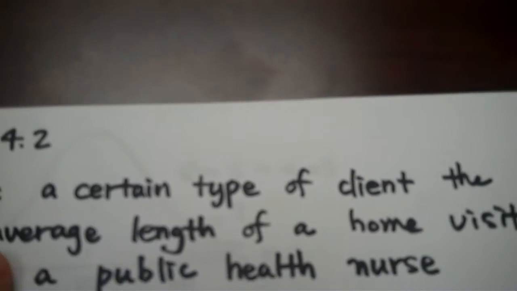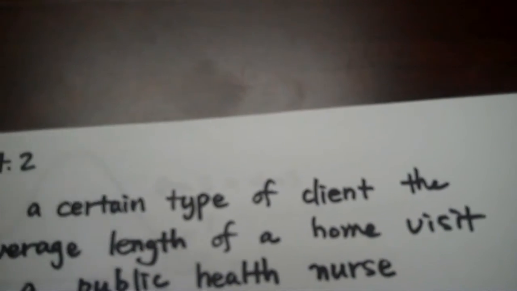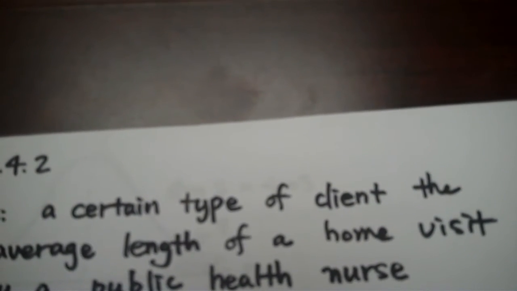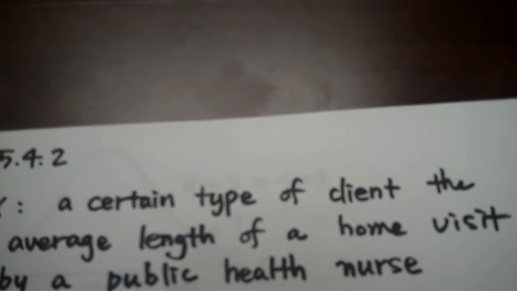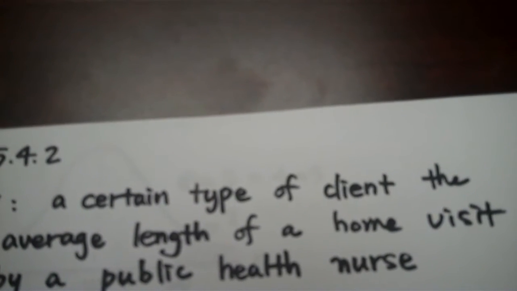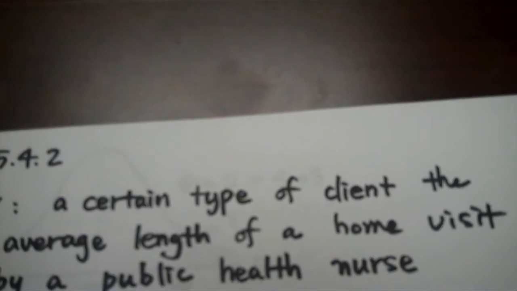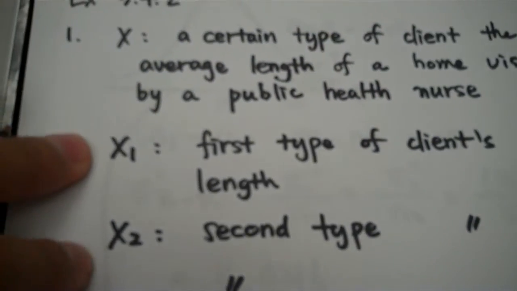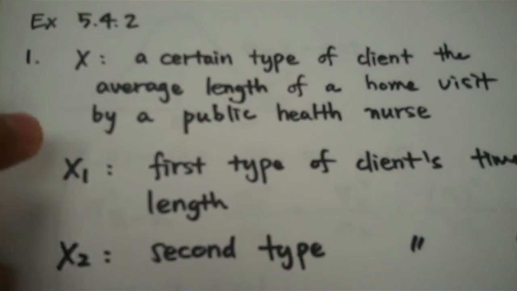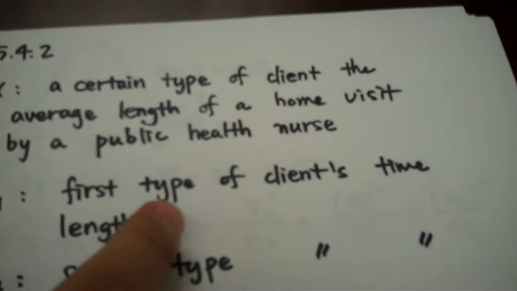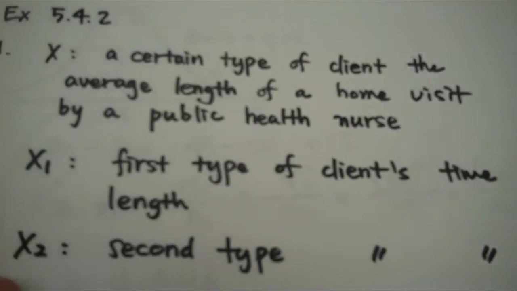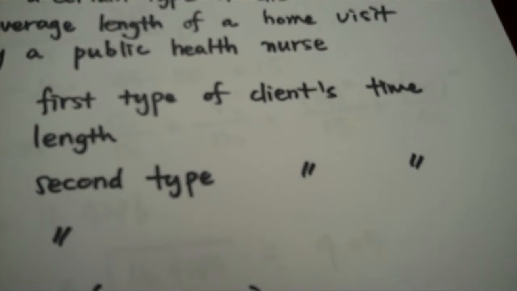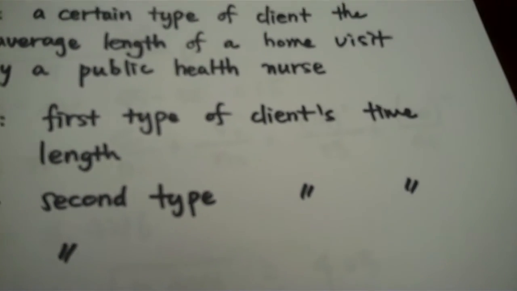In here the x variable should be a certain type of client, the average length of a home visit by a public health nurse. Then if we divide them into different groups, x1 is the first type of client's time length, and x2 is the second type of client's time length.